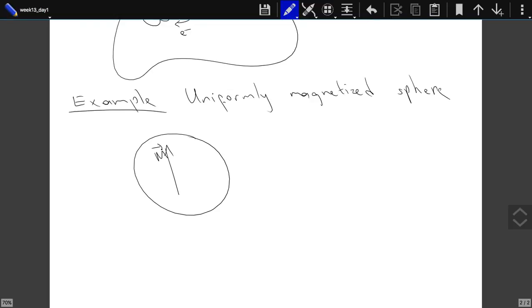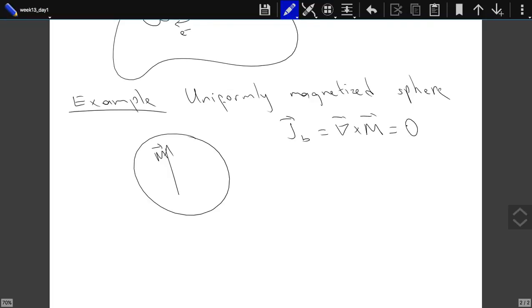Now, to calculate the magnetic field that this uniformly magnetized sphere creates, let's look at the corresponding currents. We have the bound volume current density, which is the curl of M. What is the curl of M? M is uniform. Zero. M is constant. So this is 0.